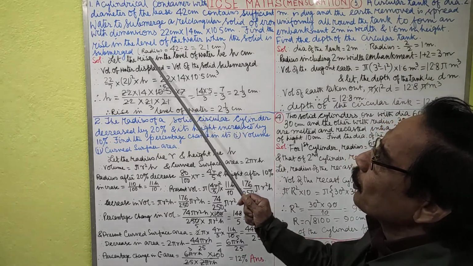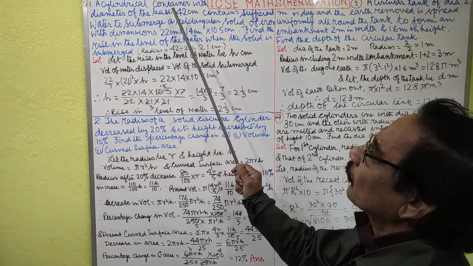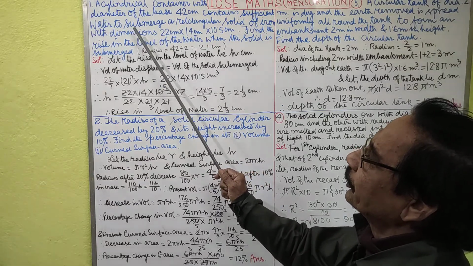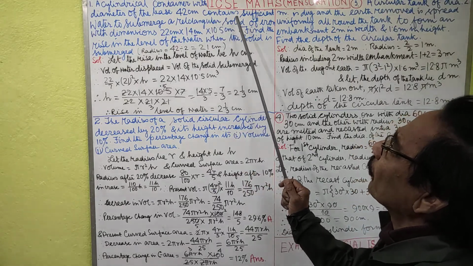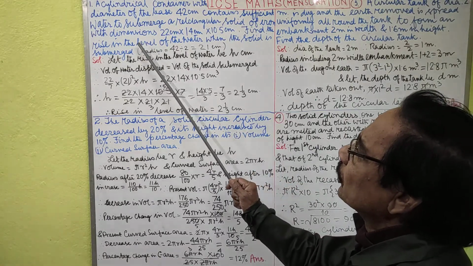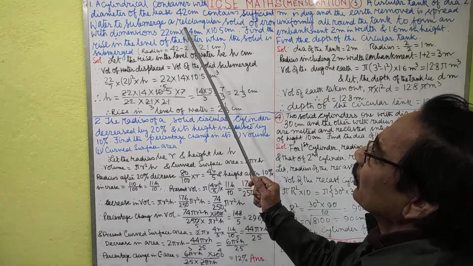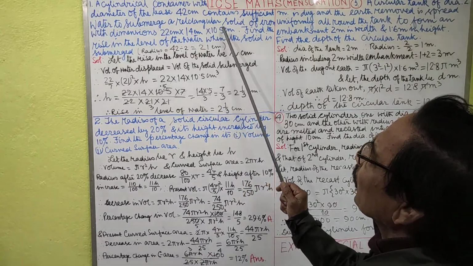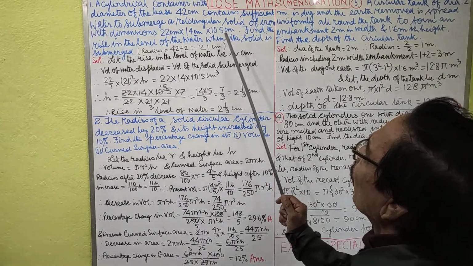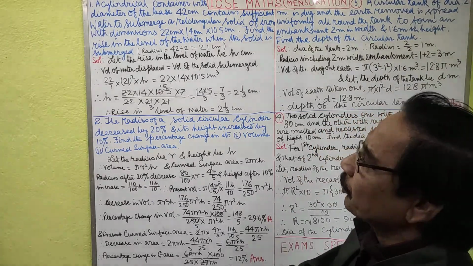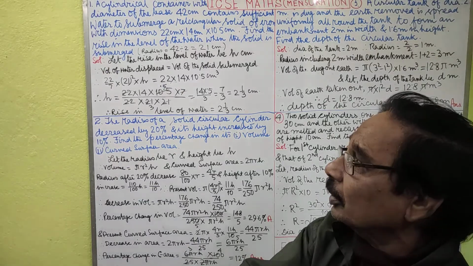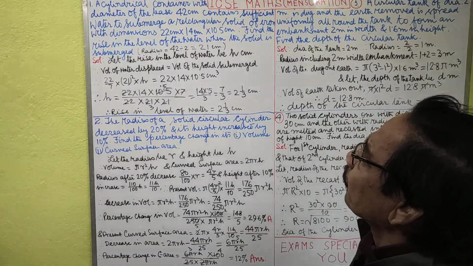It is like this: a cylindrical container with diameter of the base 42 centimeter contains sufficient water to submerge a rectangular solid of iron with dimensions 22 centimeter, 14 centimeter and 10.5 centimeter.